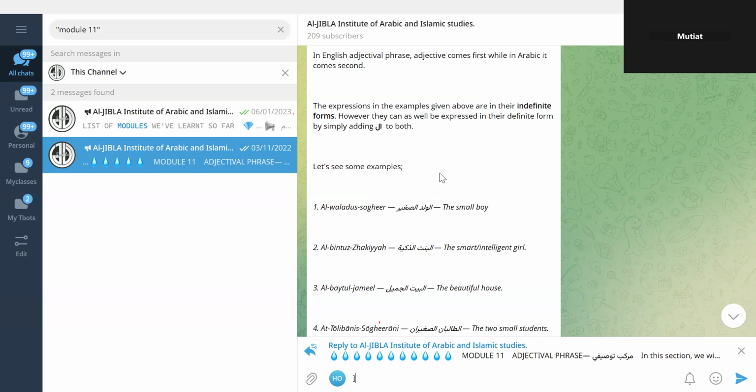The moment you have alif lam, you don't put tanween anymore. Al-bintu al-dhakiya. So that is the smart, or the intelligent, girl.